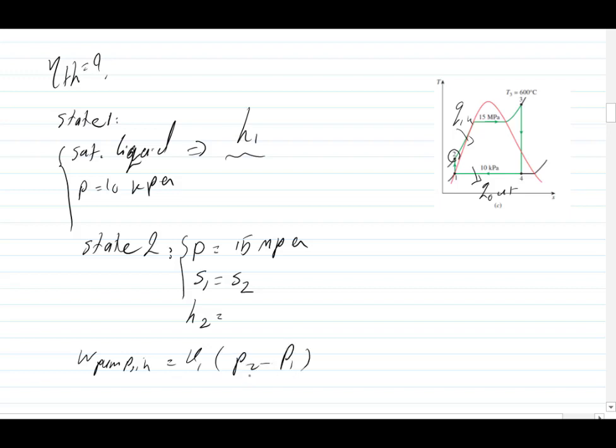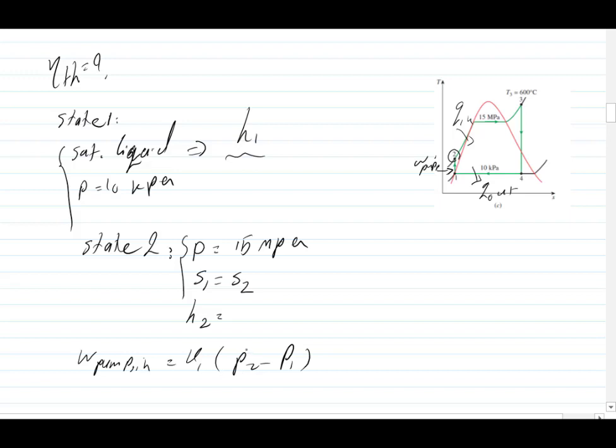We had this equation because process 1 to 2 shows the process for the pump, and if you notice it is W pump in. So the change in the enthalpy of the working fluid in the pump before and after will be equal to the work of the pump, and we can calculate it by this equation.